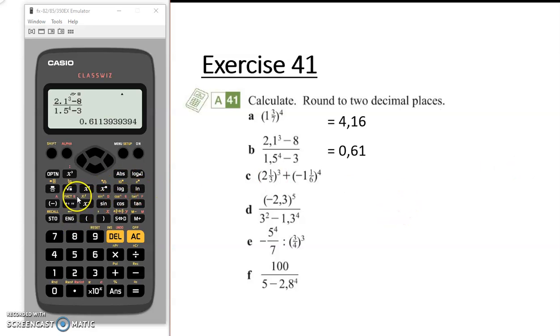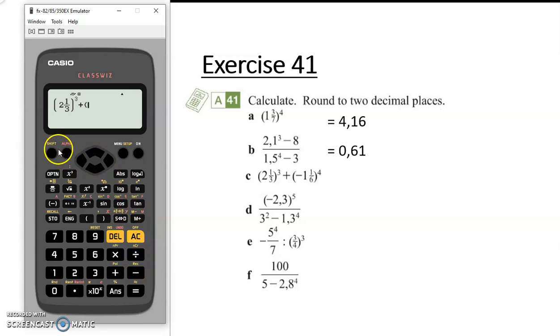Exercise C. Again, a mixed number 2 1 over 3. So inside the bracket, again shift, then the fraction button, 2 1 over 3. Go to the right, close the bracket to the power of 3, plus inside my brackets you can start with a minus.